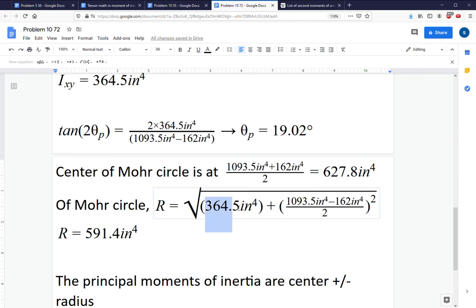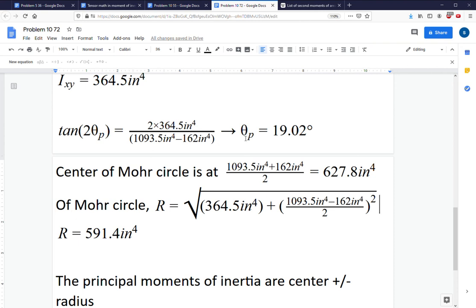This is Ixy. And then in the x direction, I go 1/2 the difference between the xx and yy components. And then use the Pythagorean theorem to find the radius of the Mohr circle. And the radius of the Mohr circle is 591.4 inches to the fourth power.